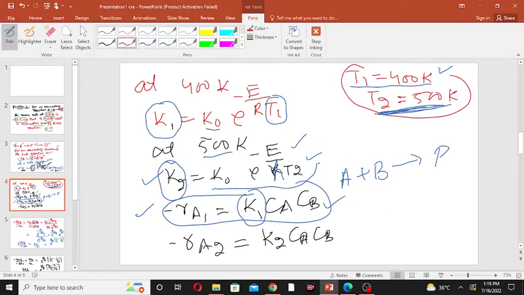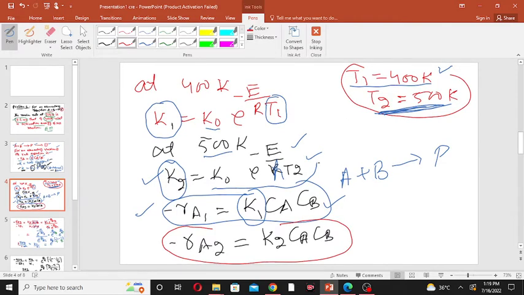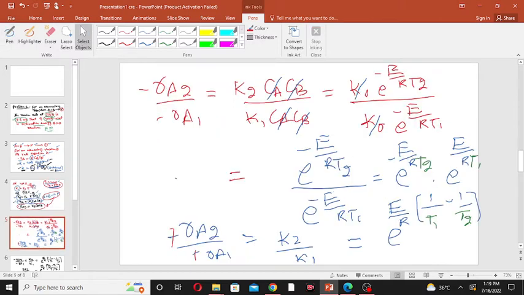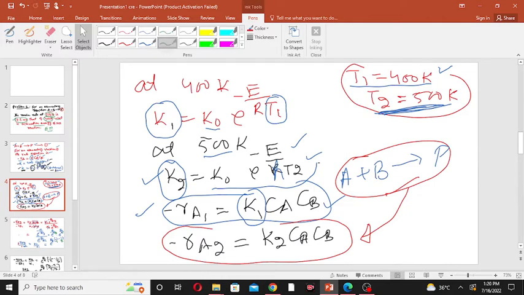Similarly at 500 Kelvin, the rate equation for this reaction is given by this relation. Suppose this is relation number A and this is relation number B. Now divide relation number B by relation number A.